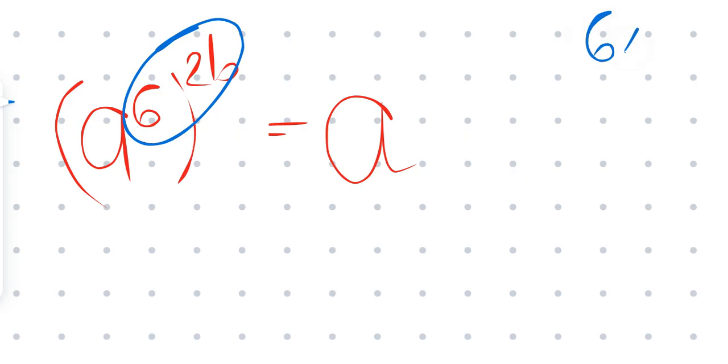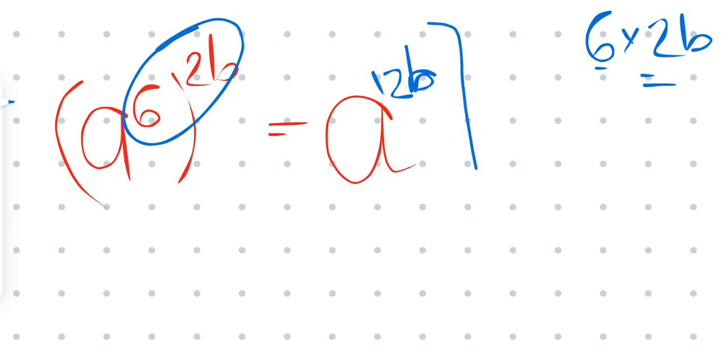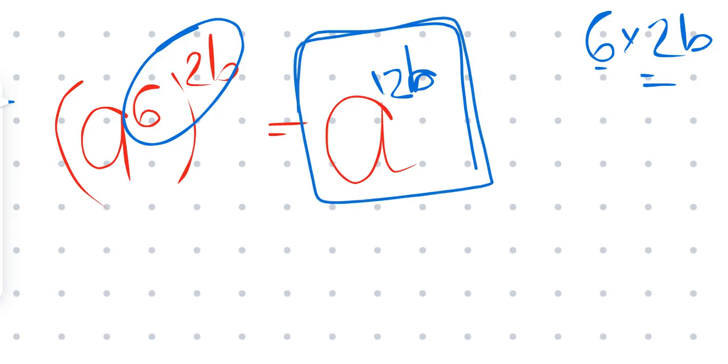But we know that 6 multiplied by 2b is equal to 6 multiplied by 2 is equal to 12, and then we have b. So the answer is a to the power of 12b.